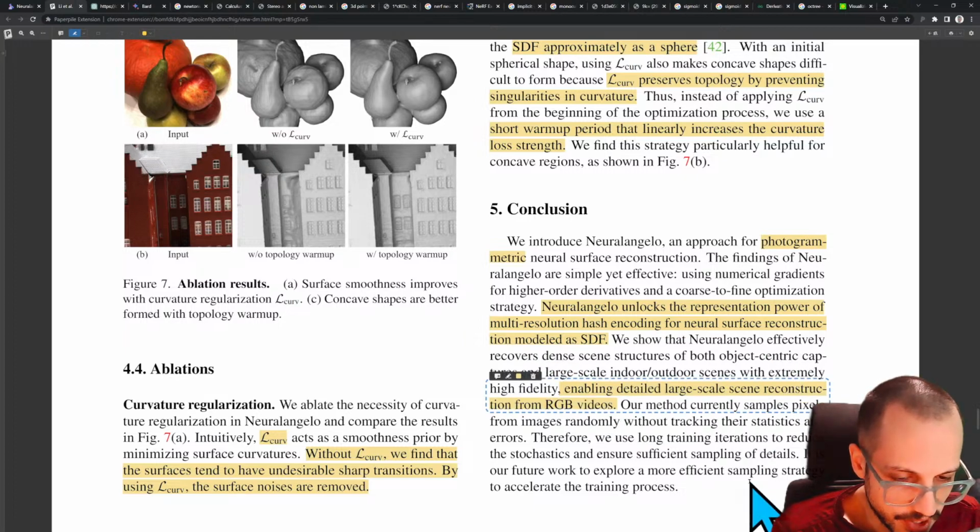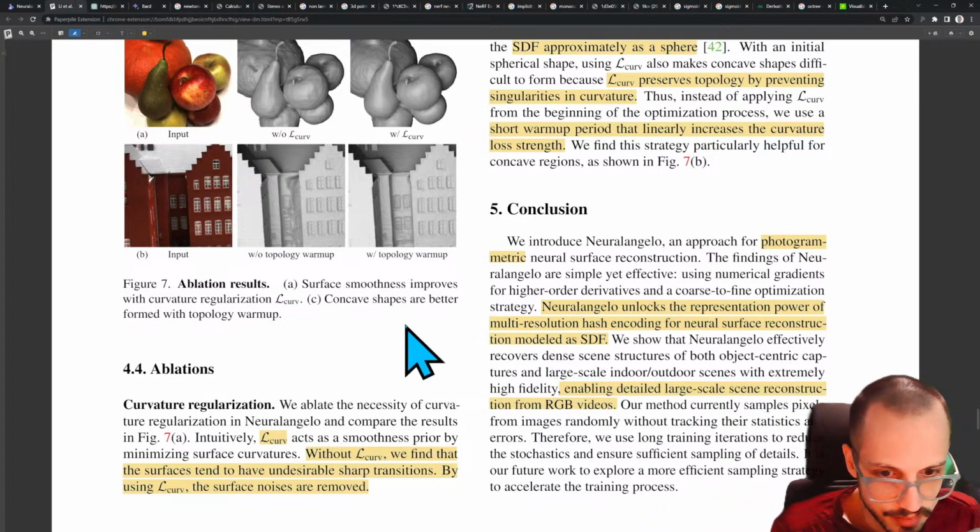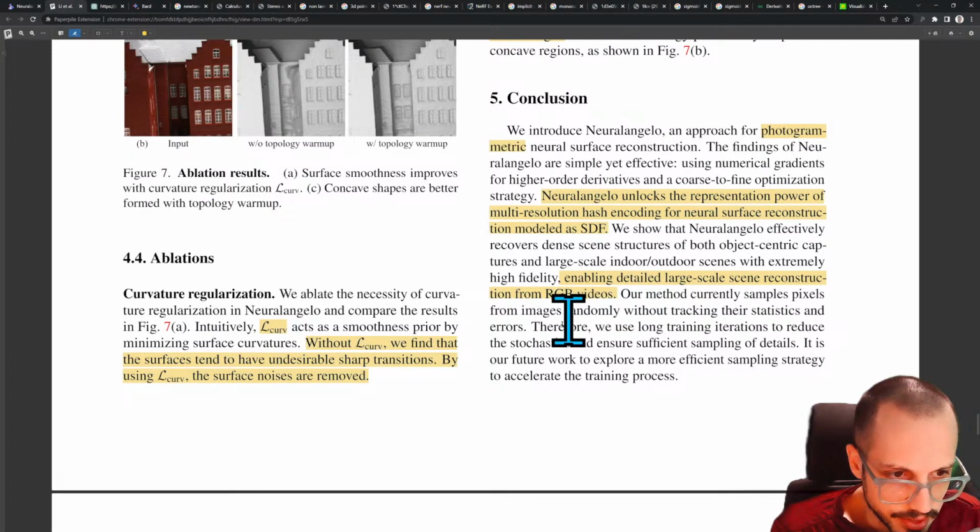I mean, this was always possible, but it's always been a question of trading off performance, how much extra data you need, and how much time it takes. Our method currently samples pixels from images randomly without tracking their statistics and errors. Therefore, we use long training iterations to reduce the stochasticity and ensure sufficient sampling of details. Samples pixels from images randomly.